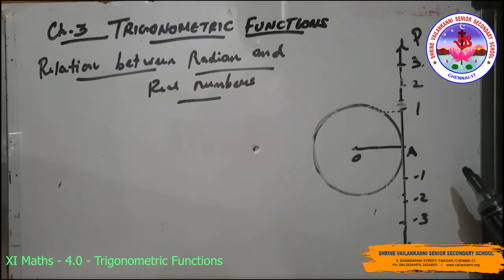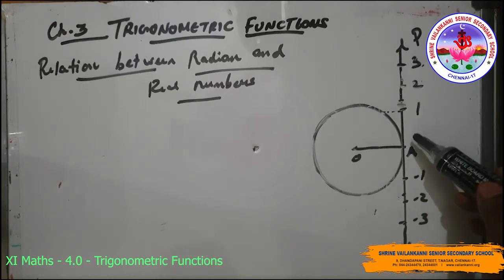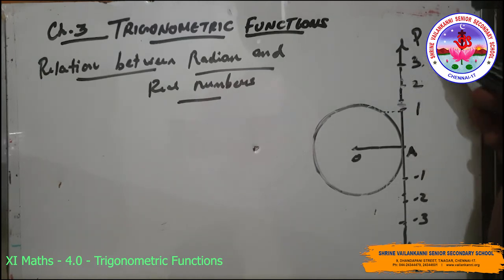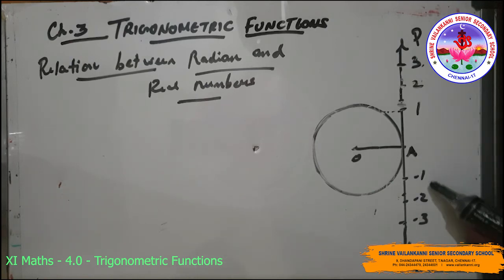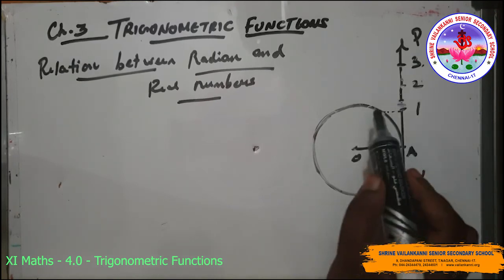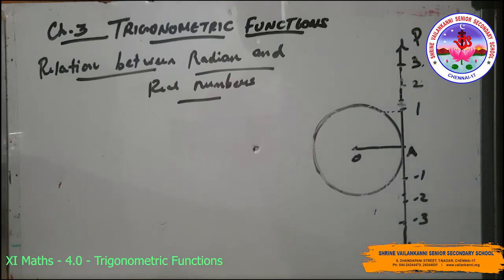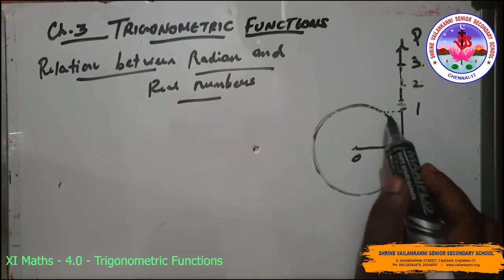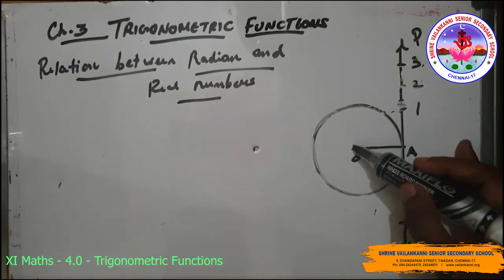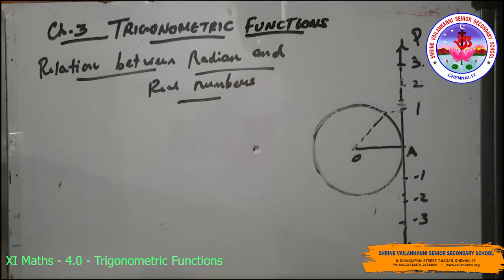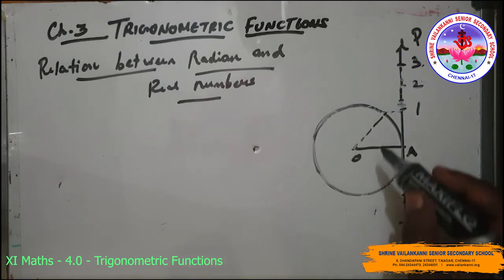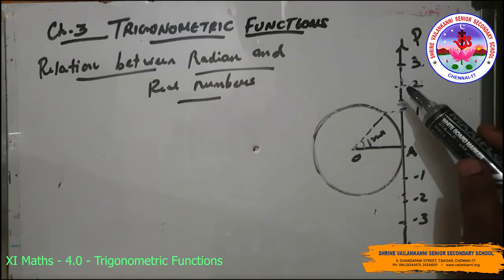Let the point A represent the real number 0. So AP represents the positive real numbers 1, 2 and 3, and AQ represents the negative real numbers -1, -2 and -3. If we rope the line AP in the anti-clockwise direction along the circle, the real number 1 will correspond to a radian measure of 1 radian.